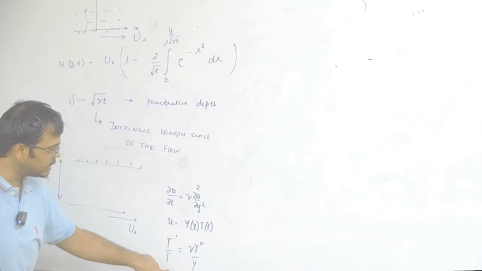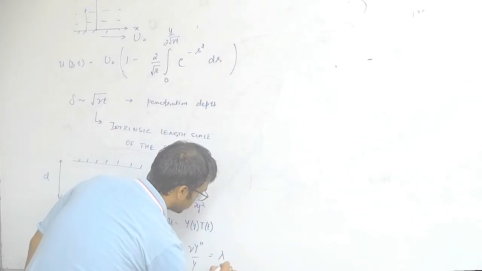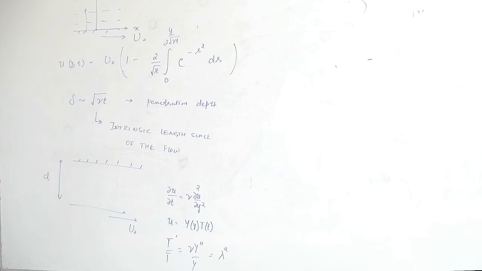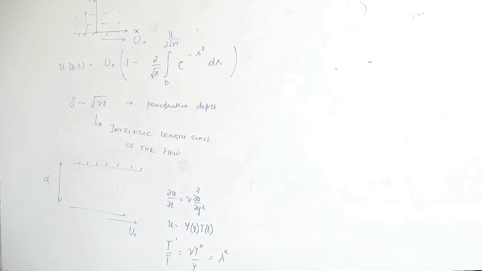So the only way these two can be equal is if they are equal to some constant, let's call it lambda square. I'm not saying anything about lambda being real; lambda square could easily be a negative or even complex quantity.